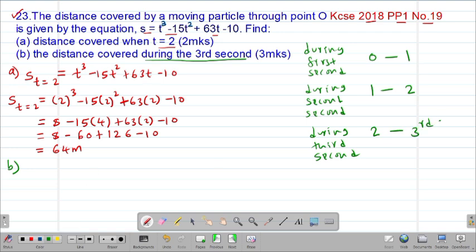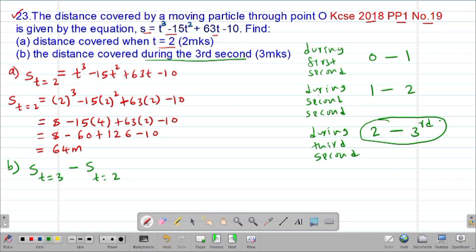Therefore, the distance covered during the 3rd second simply means we take the distance when t is equal to 3, then we subtract the distance when t is equal to 2 seconds. So that is what we mean by the distance covered during the 3rd second. You take s when t is equal to 3, then you subtract s when t is equal to 2.